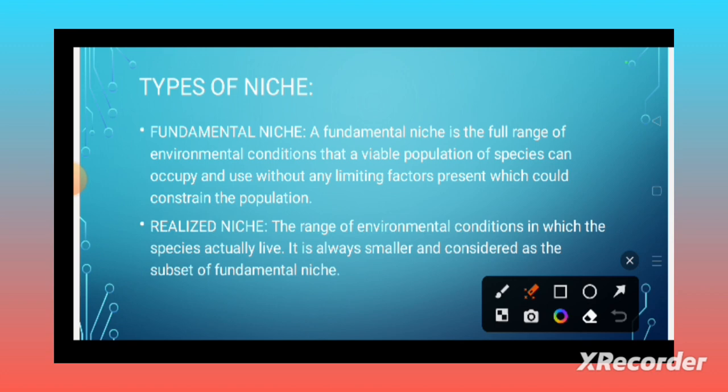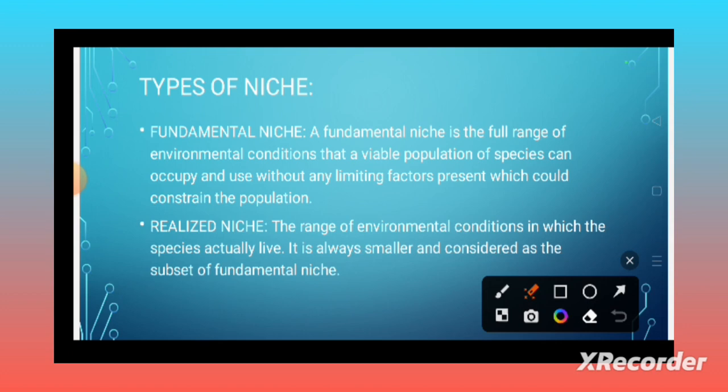The fundamental niche is the full range of environmental conditions where the population can live without any limiting factors. That means there are plenty of resources available in this niche for the organism to survive.